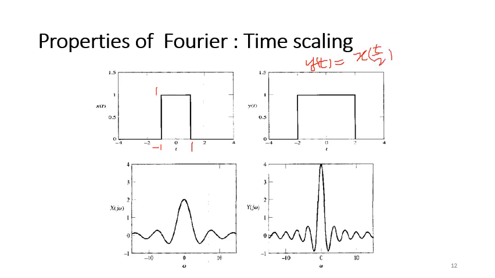So this is the scaled version. The scaled version is basically the stretched one, right? So this is the Fourier transform for the original signal, and this is for the stretched signal, right?